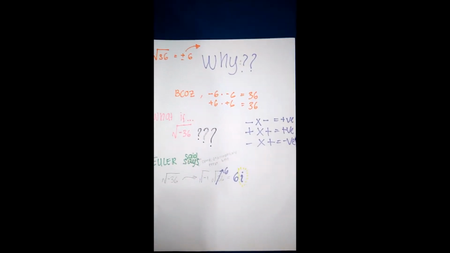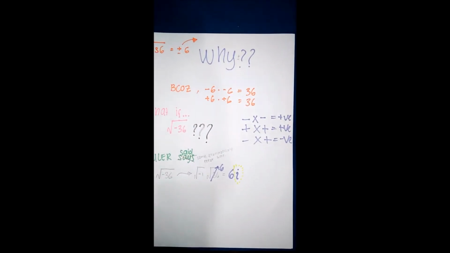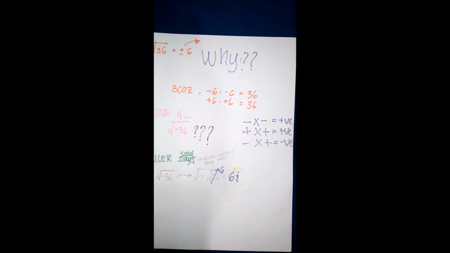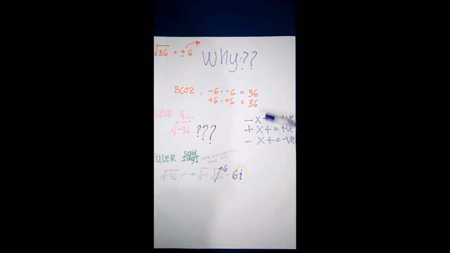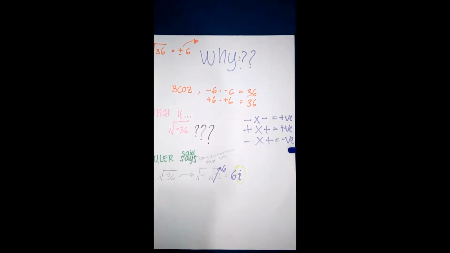This is because if we do some possibilities, we list all the possibilities here. As I said, the purpose of the square root is to find the number that, if we multiply it with itself, gives the value inside the square root. So I already listed all the possibilities regarding the multiplications.